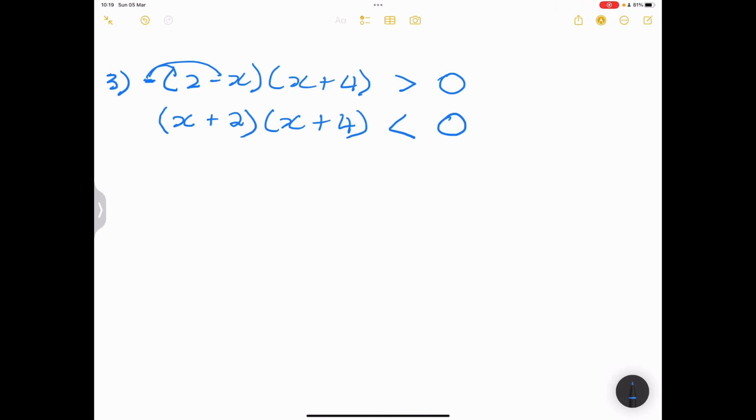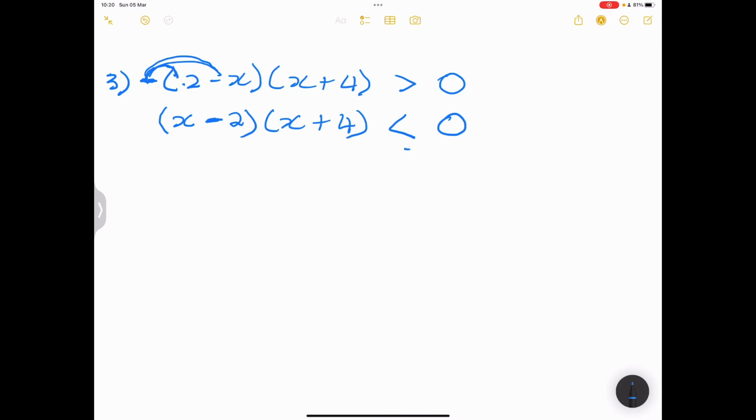Sorry, I made a mistake here. I was supposed to say negative 2, because negative times positive 2 will give me minus 2. Negative 2 there, and then negative times negative x would give me a positive x. Sorry about that. Now remember, the inequality has changed sign.